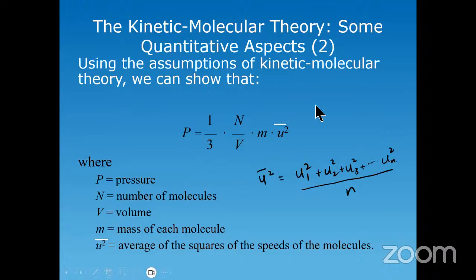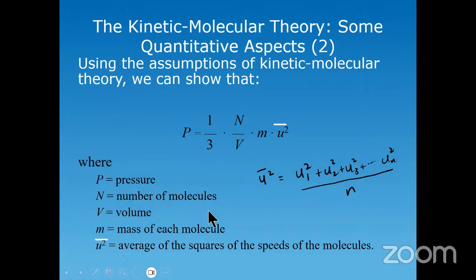So basically this equation here gives you some relationships between different terms. For example, N is the number of molecules, P is the pressure. So basically we can see that there's a direct relationship between the number of molecules and the pressure, right? There's also an inverse relationship between the pressure and the volume, which is Boyle's law, all right? M is the mass of the molecules, and of course, this is the average of the squares of the speeds of the gas molecules, all right?